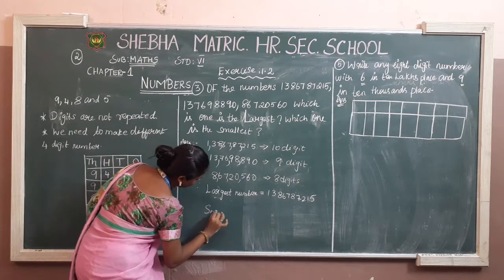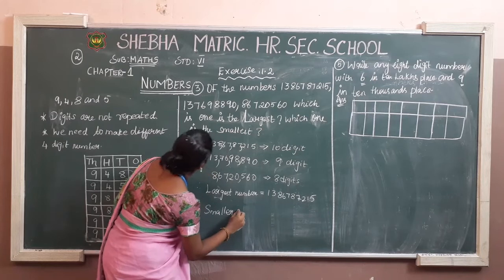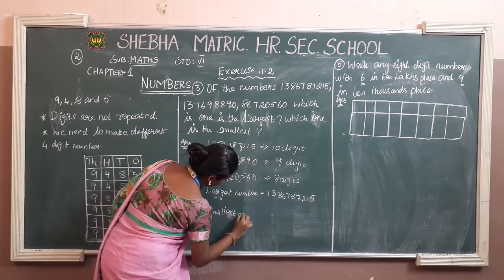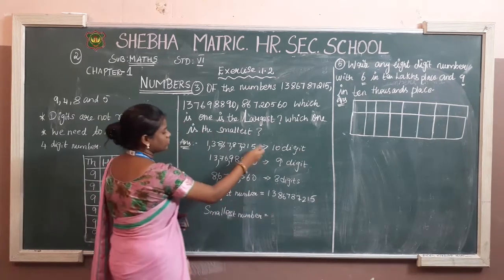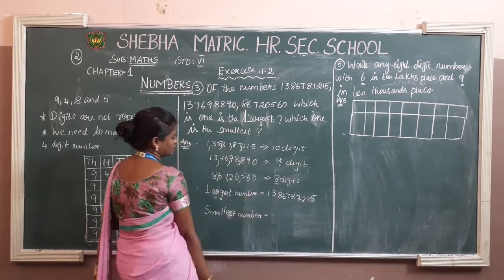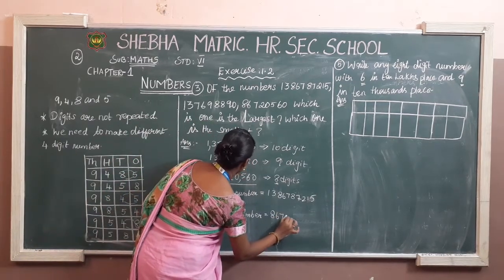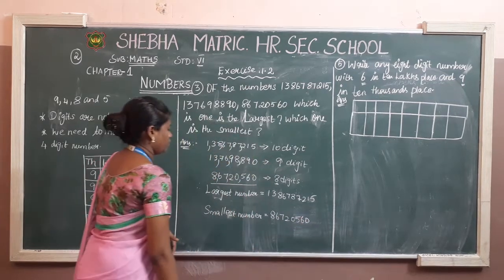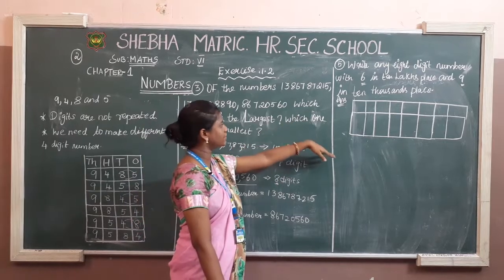Next, which is the smaller number in the question? This has the fewest digits. So we write the number 8 6 7 2 0 5 6 0. Got it? We already learned this in class.